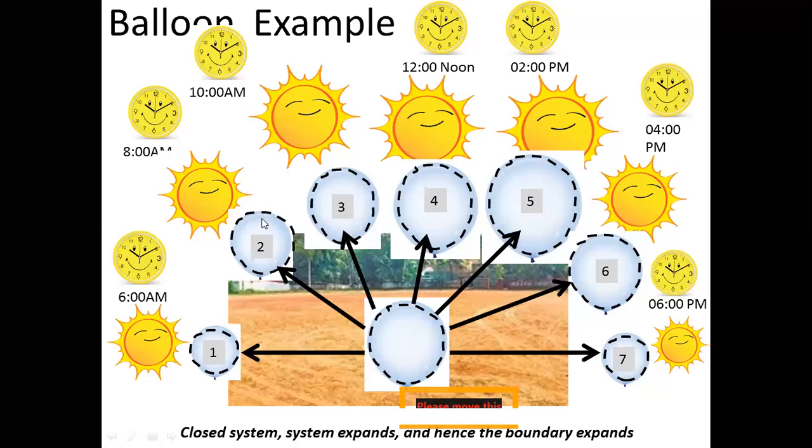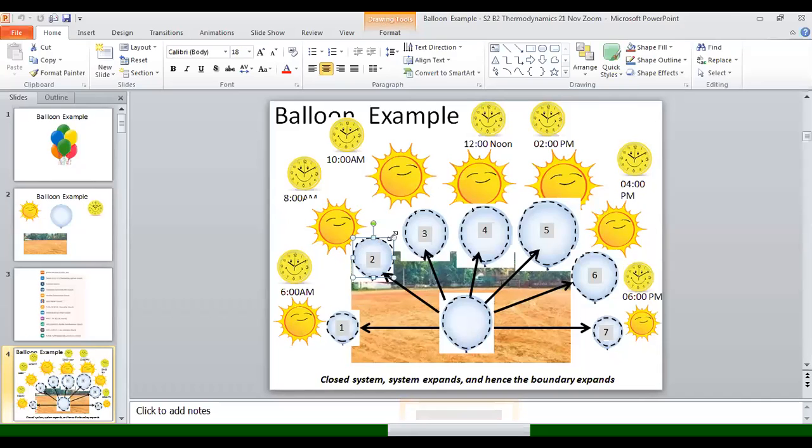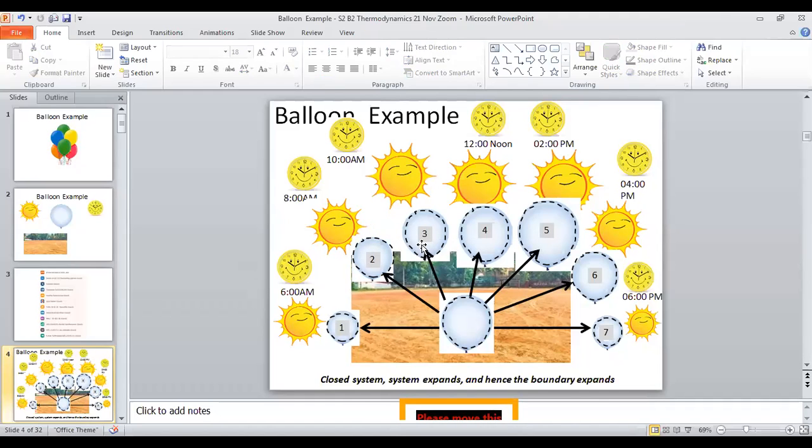So the dash line shows the limits of the space of the system. Here the system means the air contained inside the balloon. Even the rubber surface is outside the system.